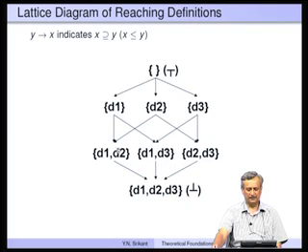These are actually nothing but the power set of D1, D2, D3, the set of all subsets of D1, D2, D3. So, this empty set is the top element and D1, D2, D3, the entire set, is the bottom element.